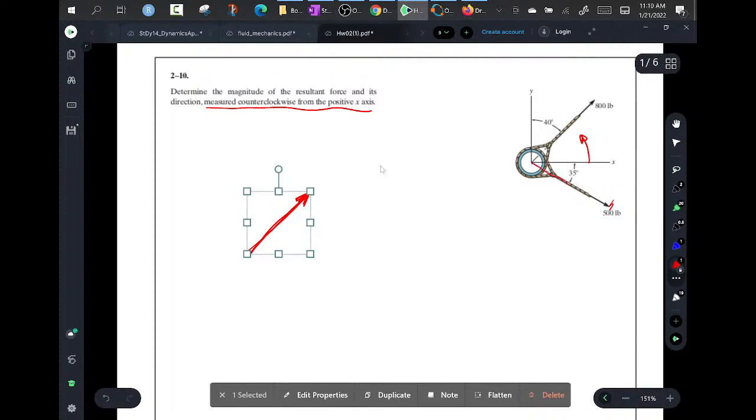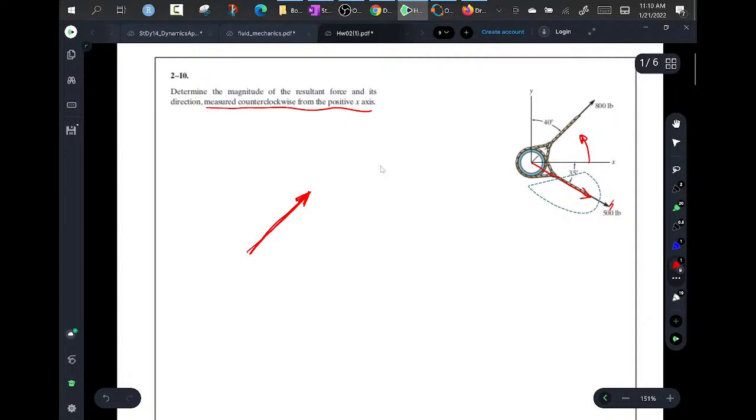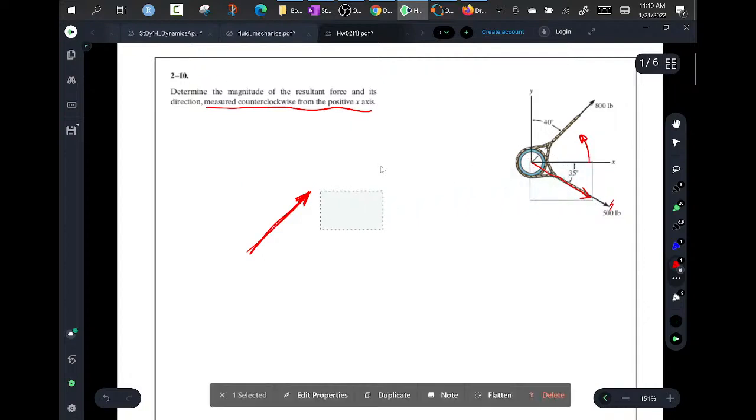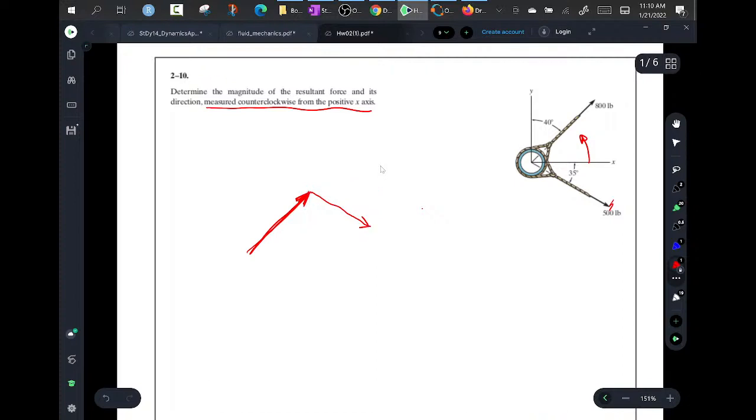So I'm going to say it's not that long, but that long. And what I'm going to do, I'm going to grab it, try to do the best I can about sticking it on the end of there.